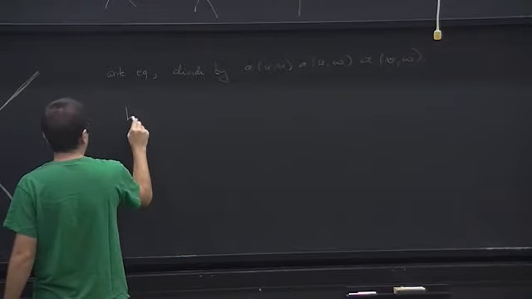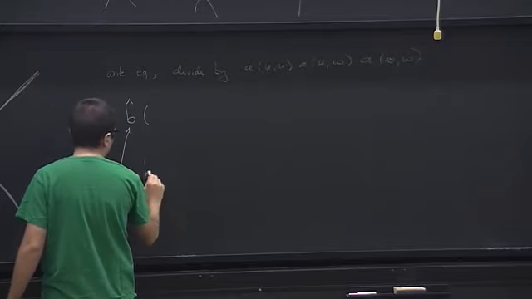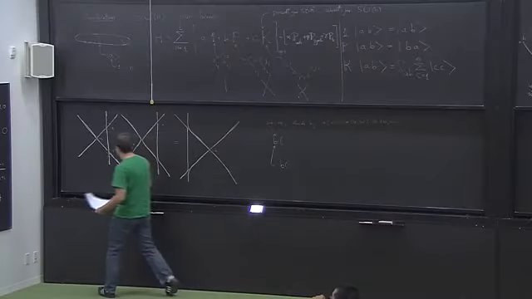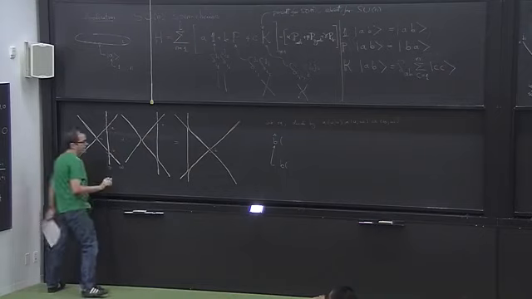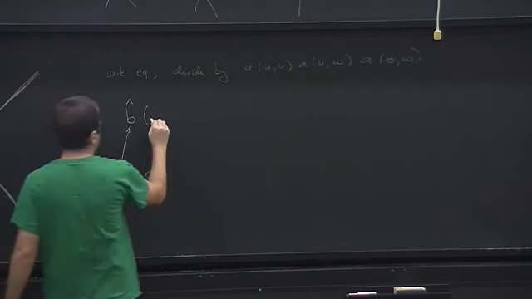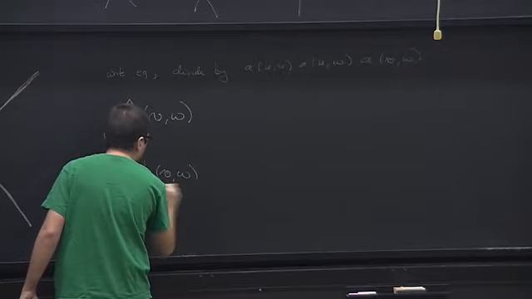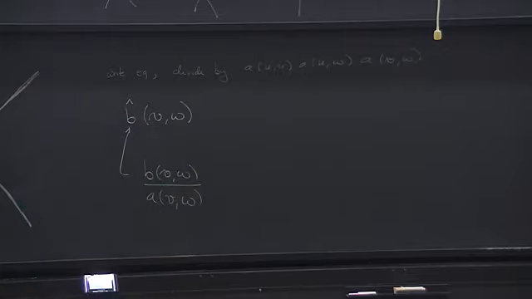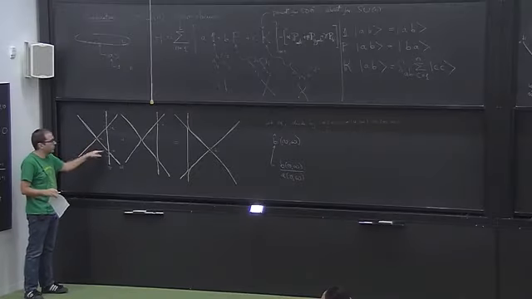We get B hat, where this B hat is B of VW divided by A of VW. Okay, because the first term would be B times A, but we divide by 3 A's, we cancel 2, and we get the B hat.